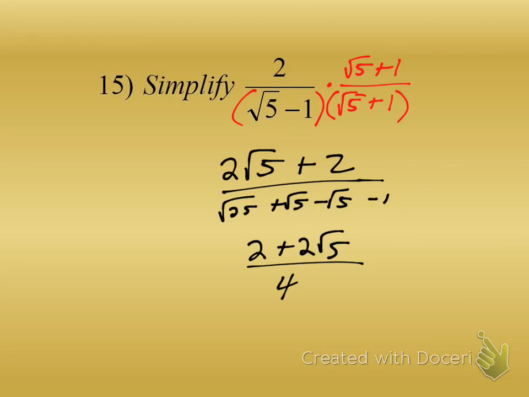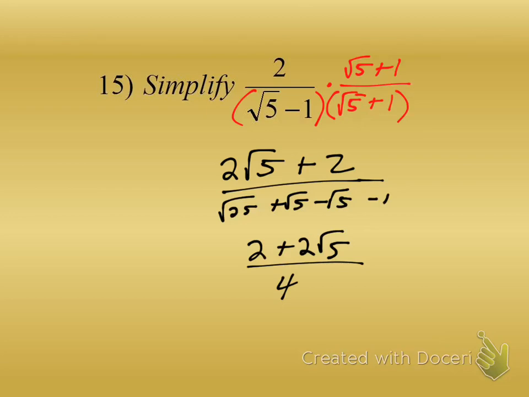Okay. Divide by the 2. Good. So what's it become? 2 rad 5 plus 1 over 4. No. Rad 5.